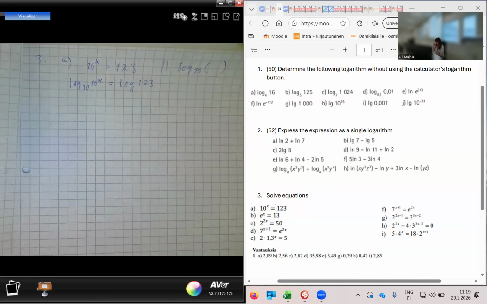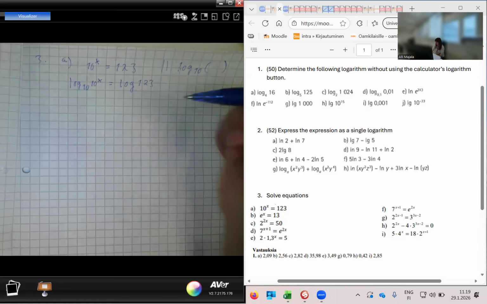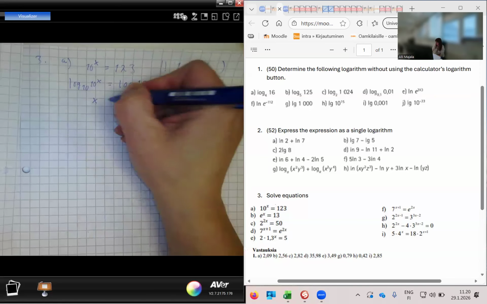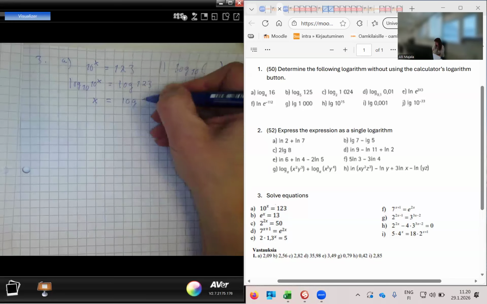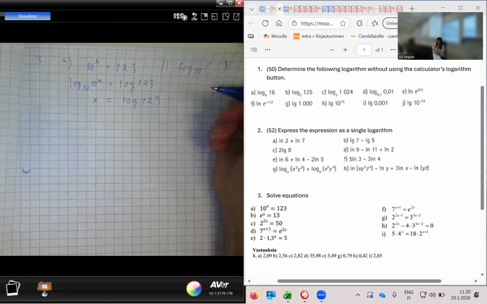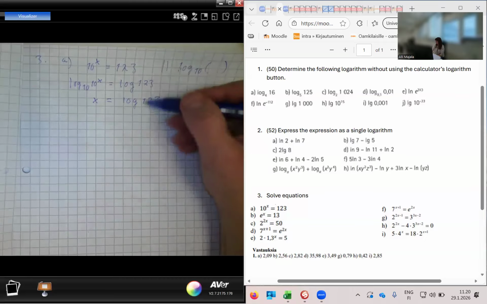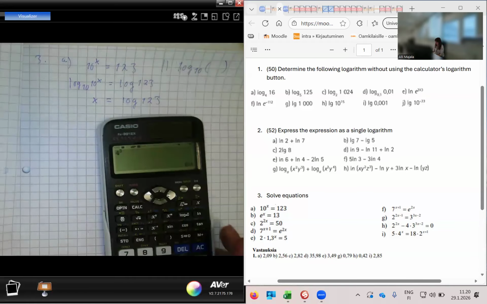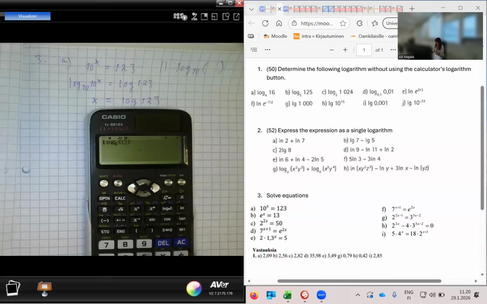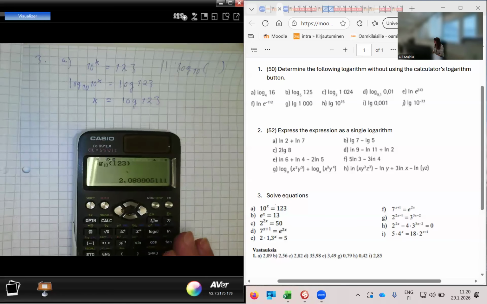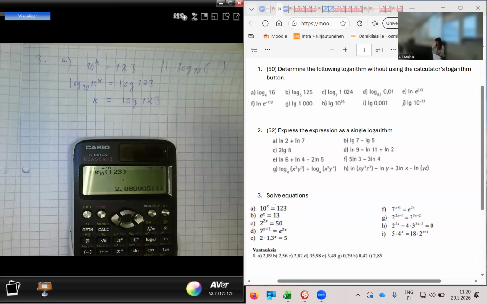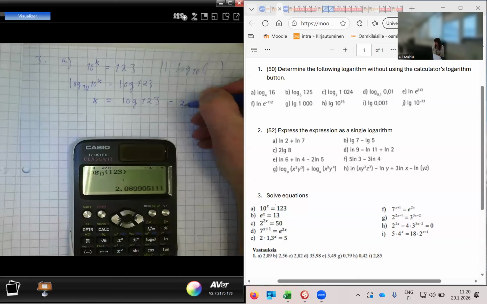And then x is this, which I can of course check what it actually is. 1, 2, 3. Something like this. About 2.09.